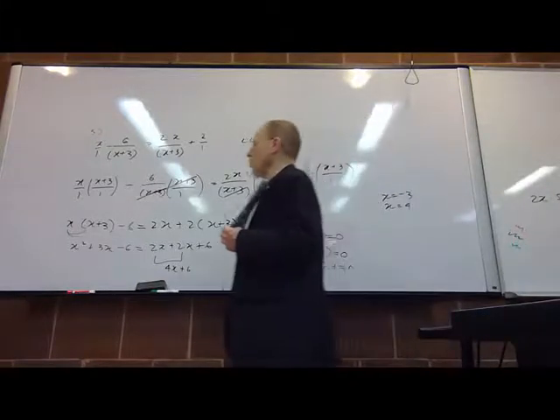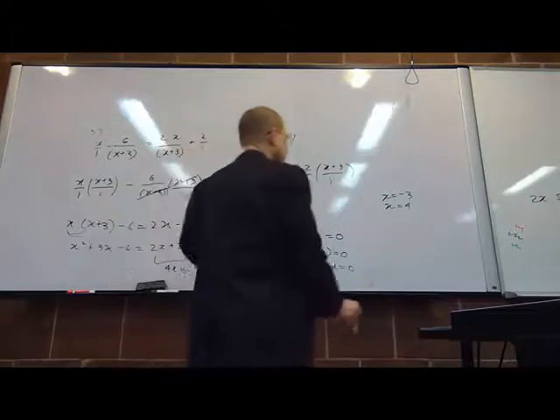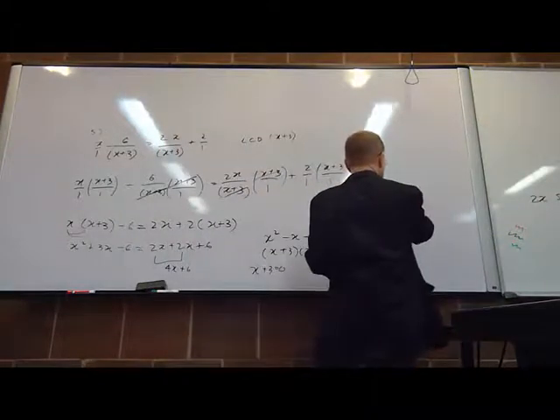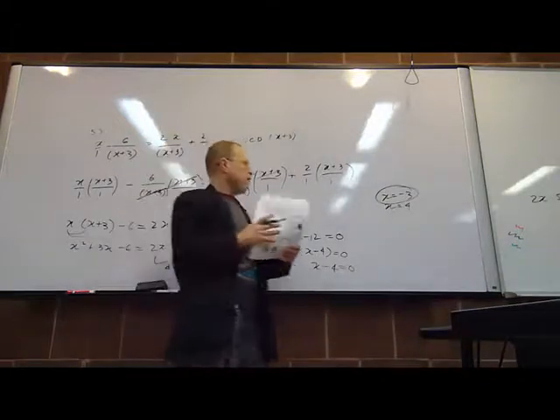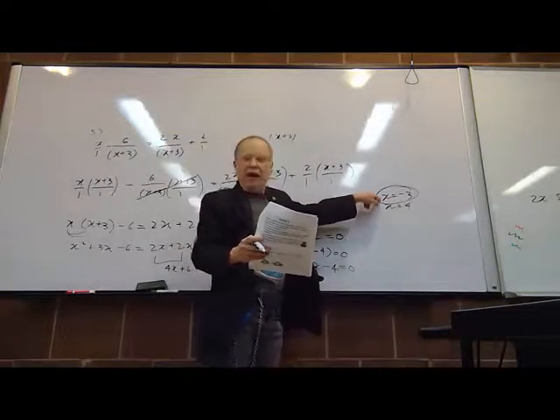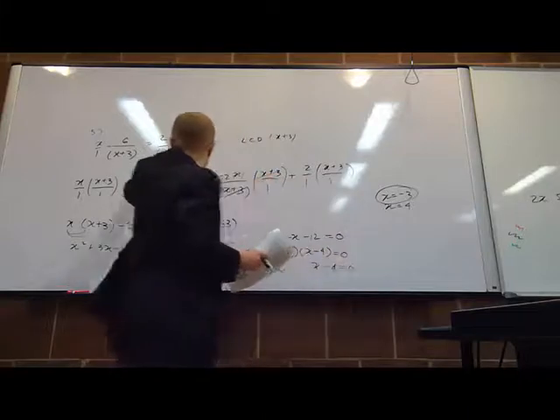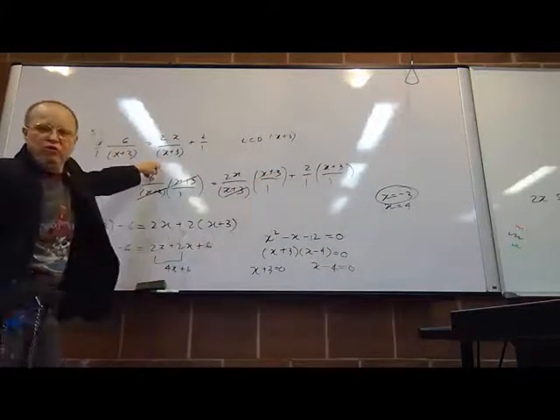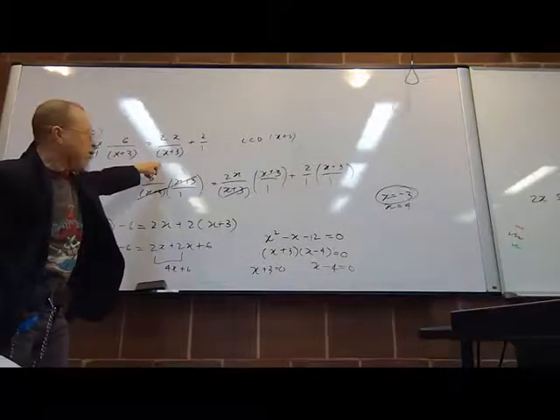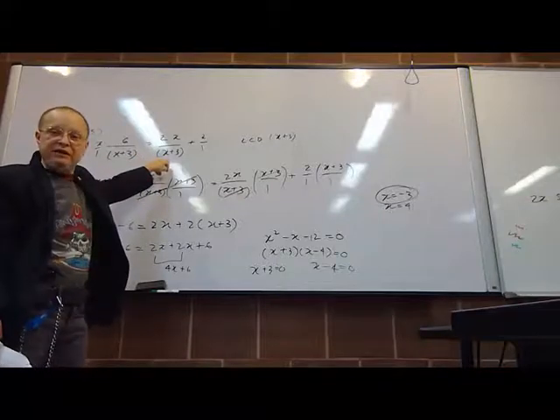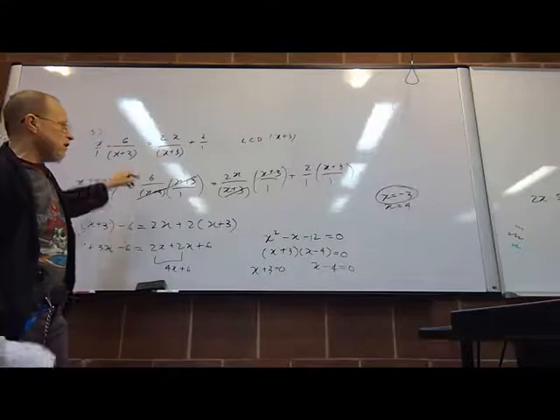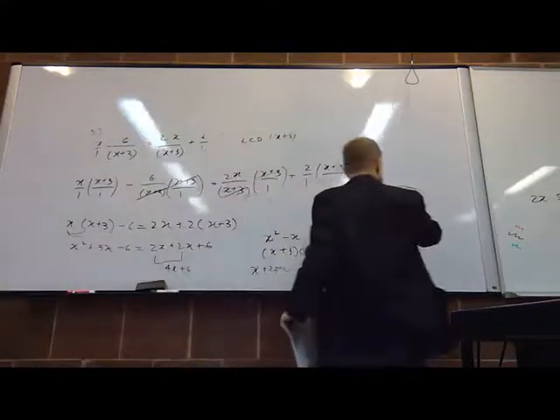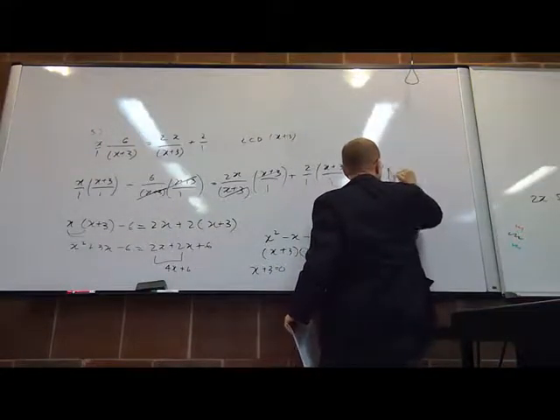So now I'm going to look at this, and I'm going to go, uh-oh, problem. If I put in x is equal to -3 back into my original equation, what's going to happen? It's going to be 0 in the denominator. That means that this is undefined, and this is no good.